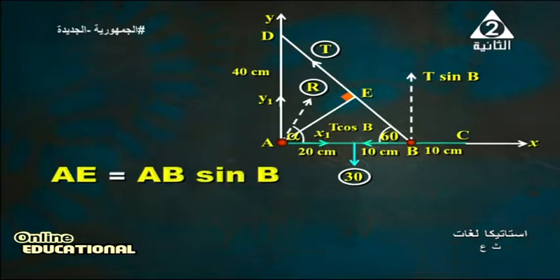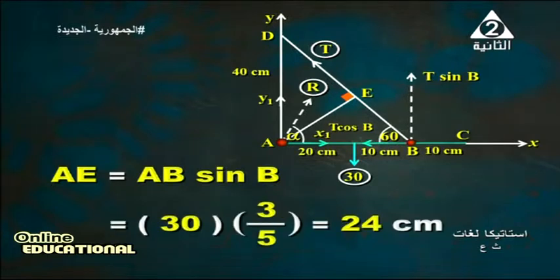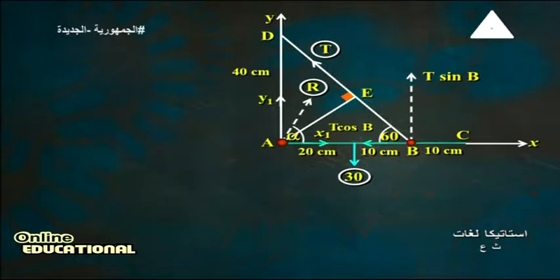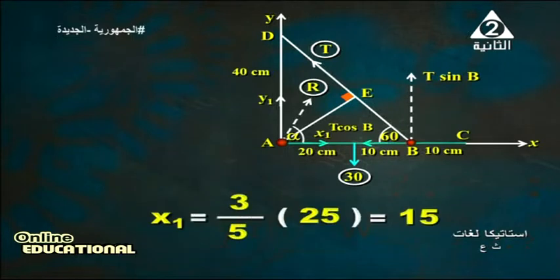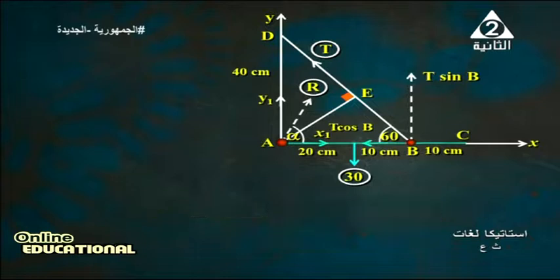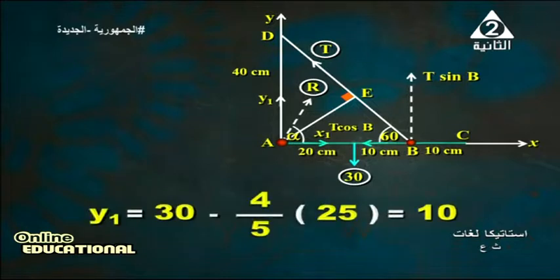By using the rule AE equals AB sine B, AE equals 24 centimeter. X1 is 3 over 5 T, equal to 15. Also, Y1 equals 10.